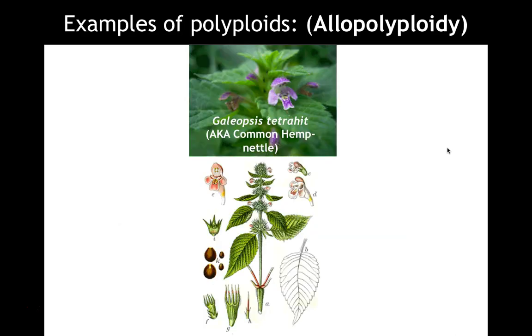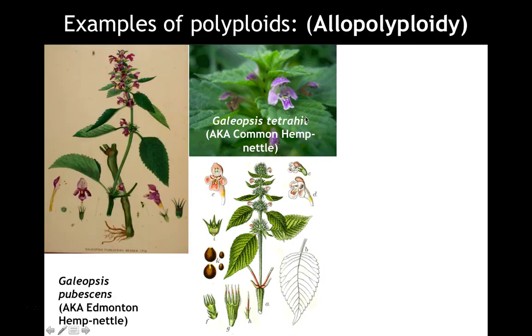The other type of sympatric speciation that can give rise to a brand new species all of a sudden is allopolyploidy. Allo meaning different, the same way as we had allopatric, which was different countries. So allopolyploidy is a different source of many genomes. In the case of the common hemp nettle, it has two parents.